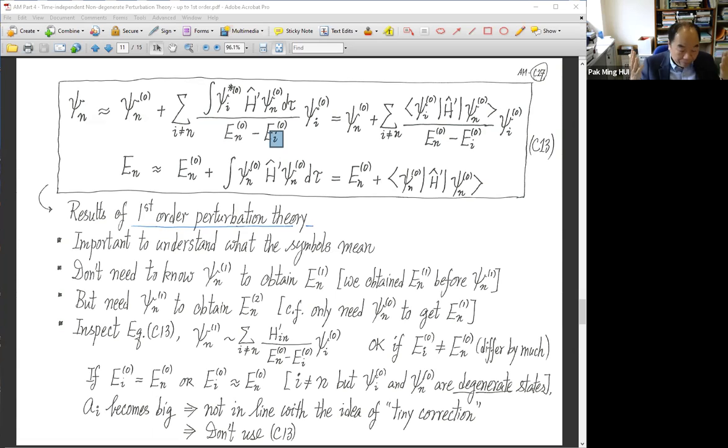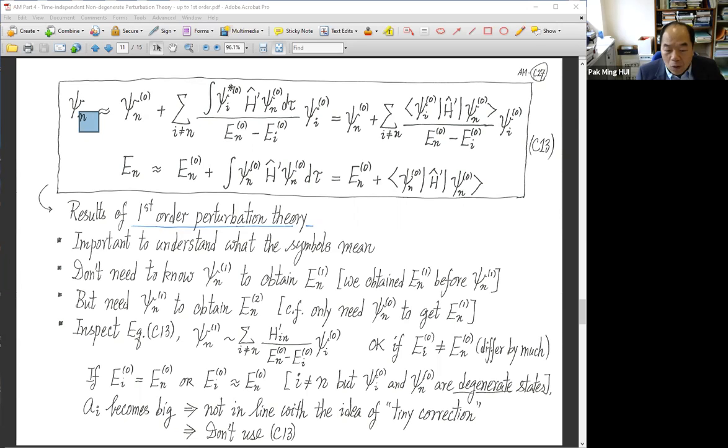That is to say, the theory that we developed here should not work in case your chosen state n to ask the question has a degenerate state in the known solvable problem. Okay, do you follow me? Now I would like to introduce the name of this theory.